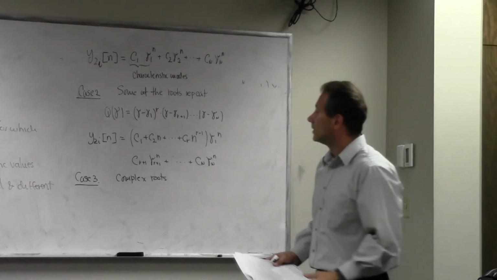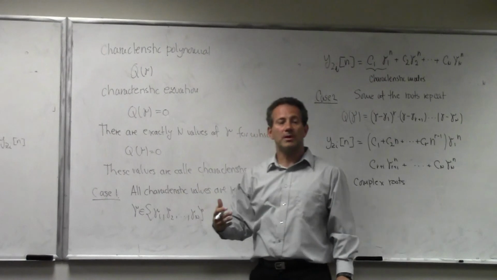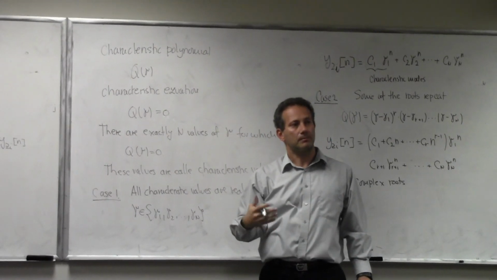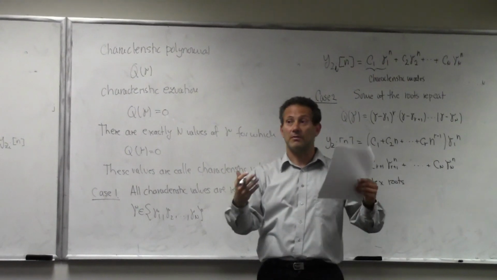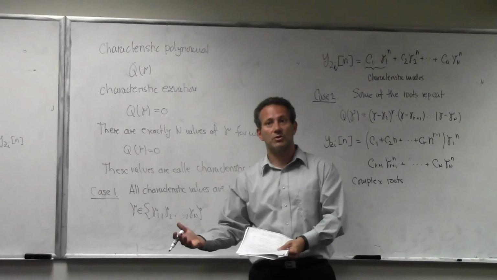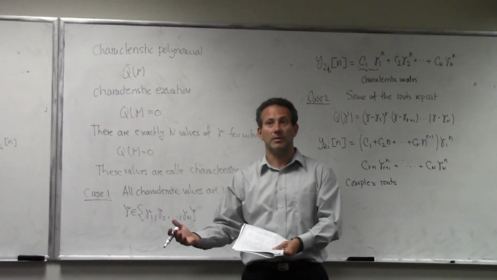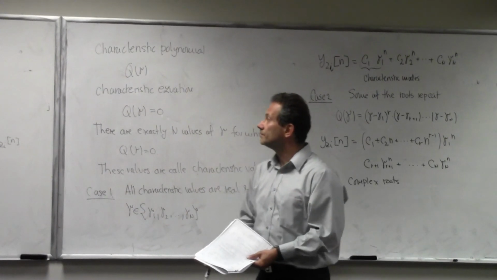If A's are real, then this polynomial Q of gamma is a polynomial with real coefficients. And what we know for a polynomial that has real coefficients is, if gamma is a root of that polynomial, gamma complex conjugate is a root of that polynomial. That's very easy to demonstrate.